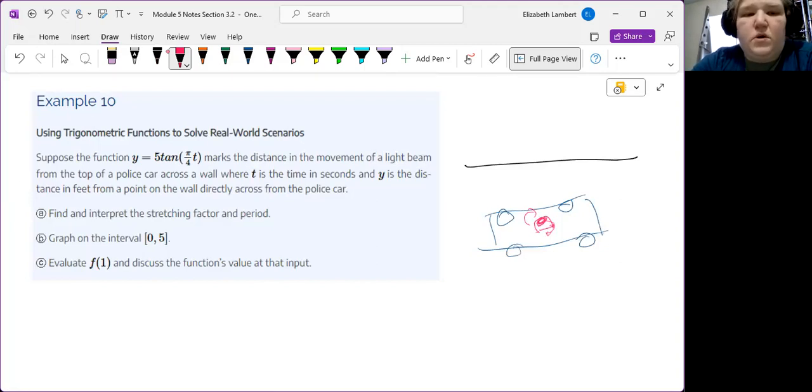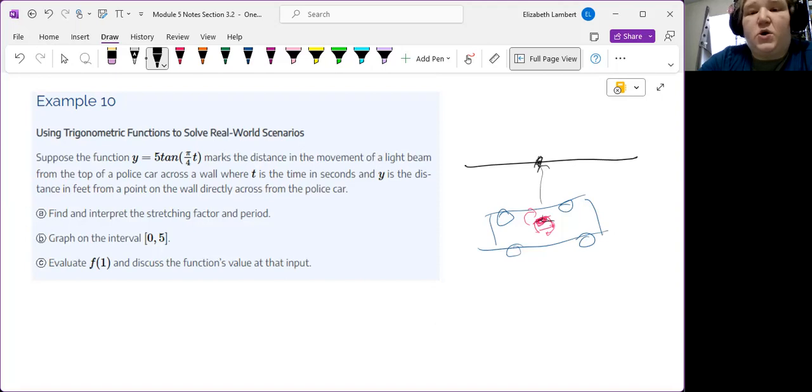So our distance in feet from the siren to the wall, like this is the shortest one. So this is the point on the wall. That's the point on the wall directly across from the police car.